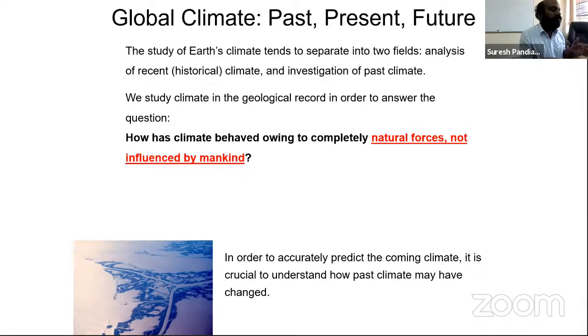Unless you understand the past and evolution history of our earth system, we will not be able to understand what we are going through right now. To understand why things look different from the previous decade or century, one has to have an idea about the past climate of our earth system also.